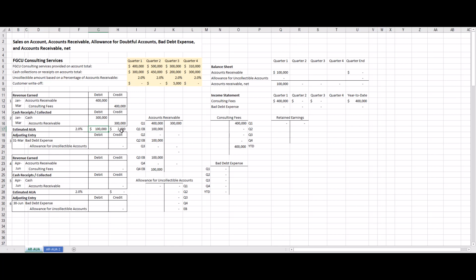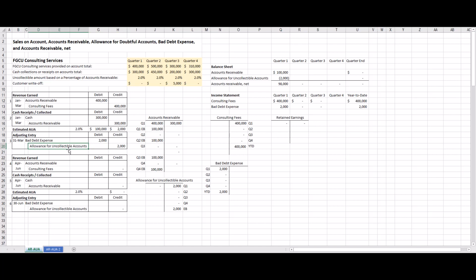When recording our adjusting entry, we debit bad debt expense for $2,000 and credit allowance for uncollectible accounts, which can be abbreviated AUA, for $2,000. The accounts receivable account is not reduced directly because none of these receivables have been determined to be uncollectible.